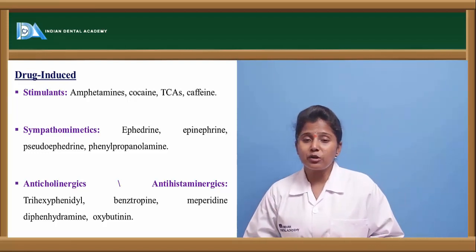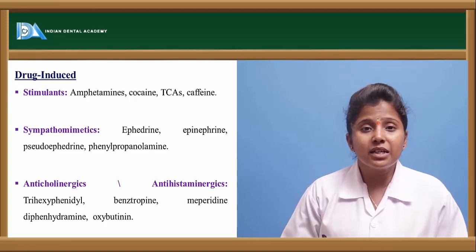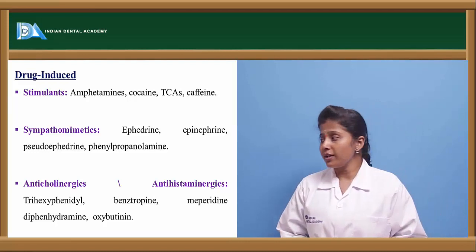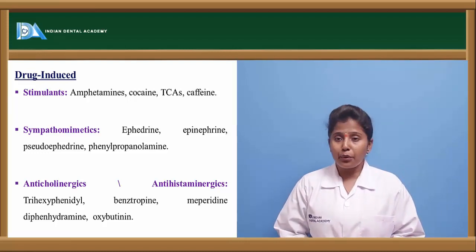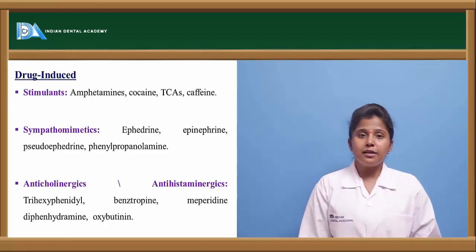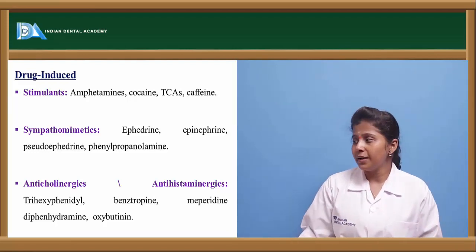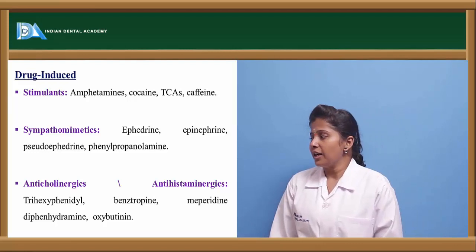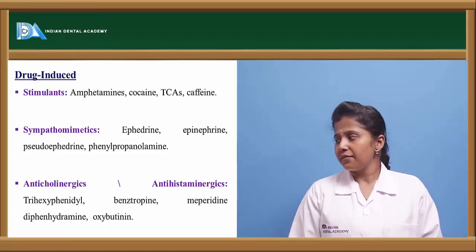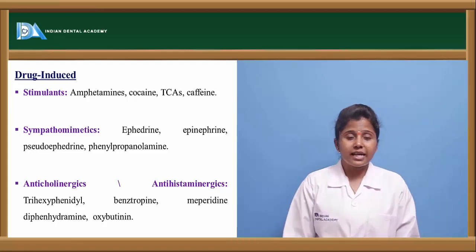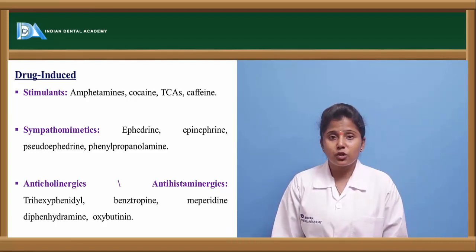And there are the sympathomimetic drugs, that is adrenergic agonist drugs like ephedrine, epinephrine, pseudoephedrine, as well as phenylpropranolol. And there are anticholinergic or antihistaminergic drugs like trihexyphenidyl and benztropine, meperidine, diphenhydramine and oxybutynin. These are all the drugs which cause anxiety if they are given in larger doses.